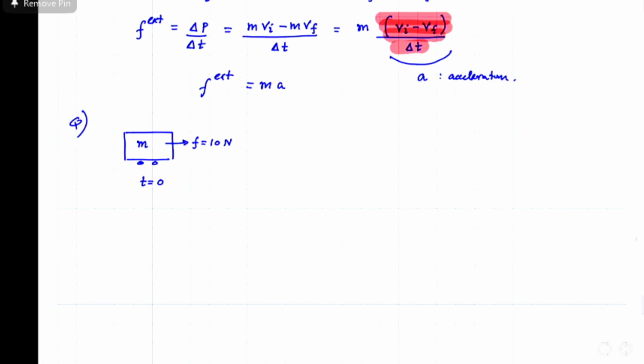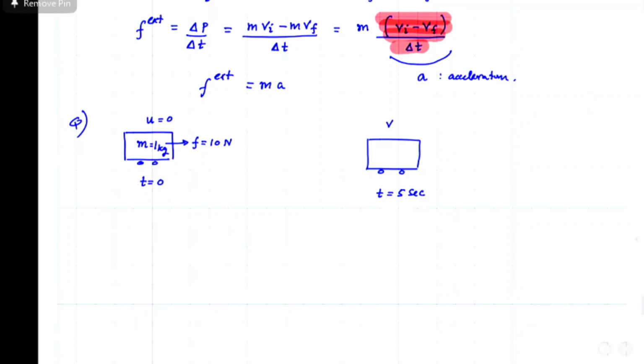Force is measured in newtons, right? And the initial velocity is going to be 0. So M is equal to, I would say, 1 kilogram. So now this is going to travel to this location here, and it will take 5 seconds to do that.